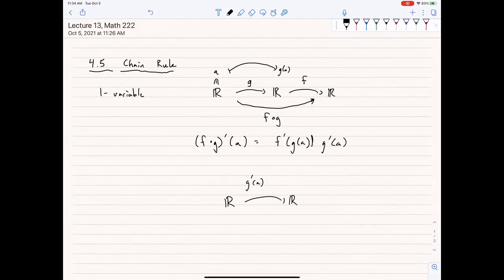And then if I start at this point, take the derivative of F at this point, then I can think of multiplying by the derivative there.